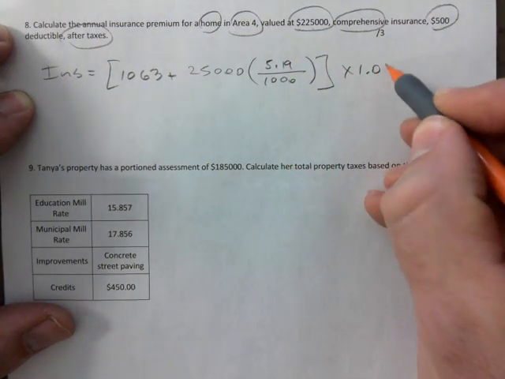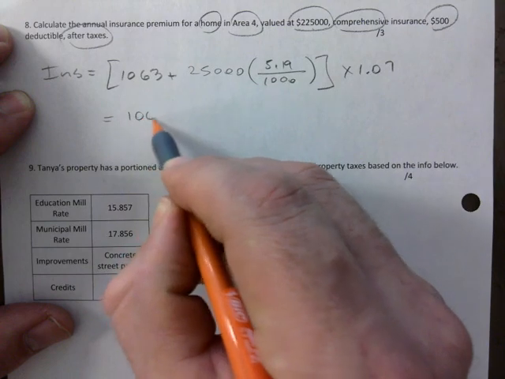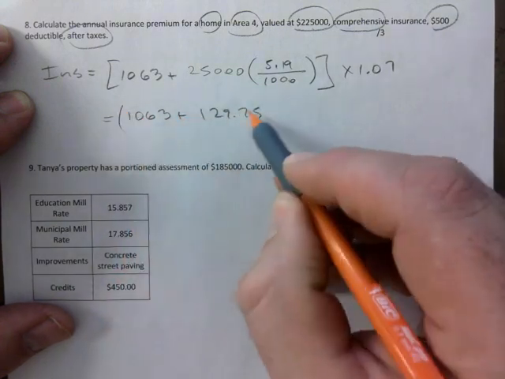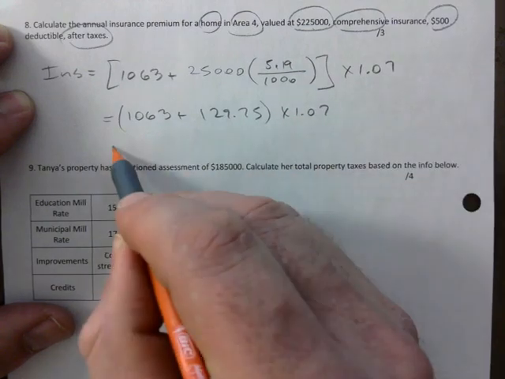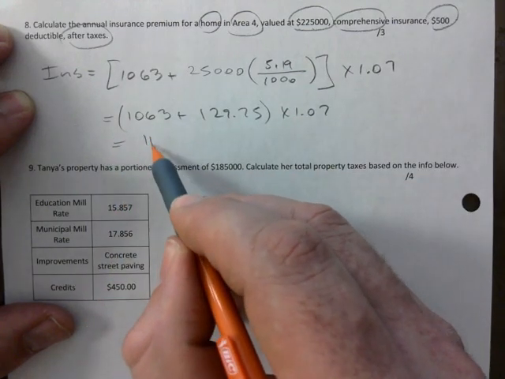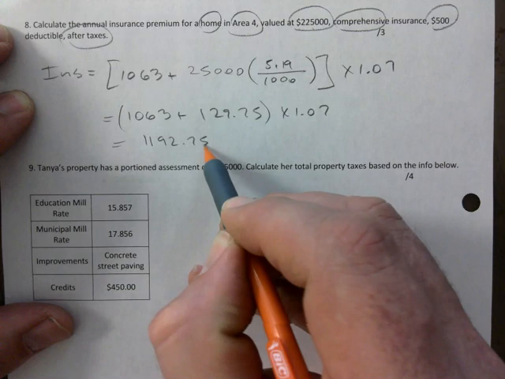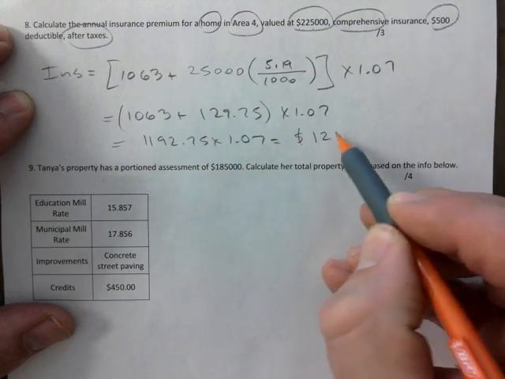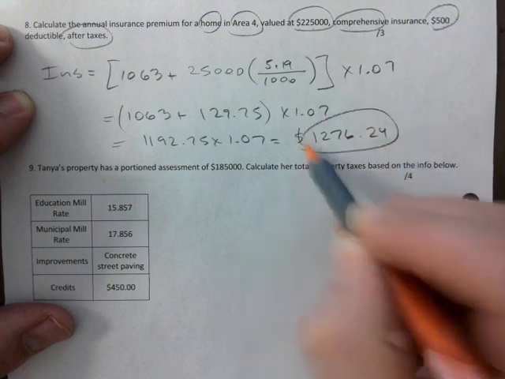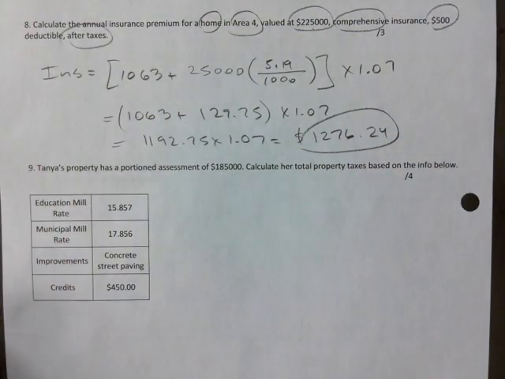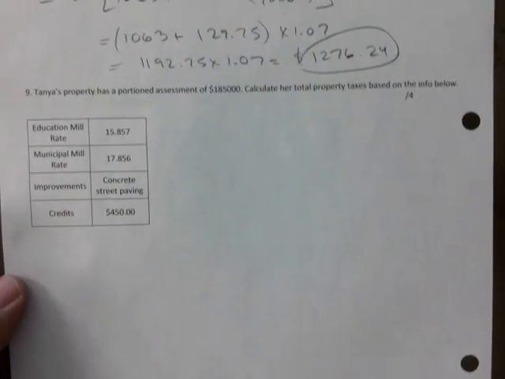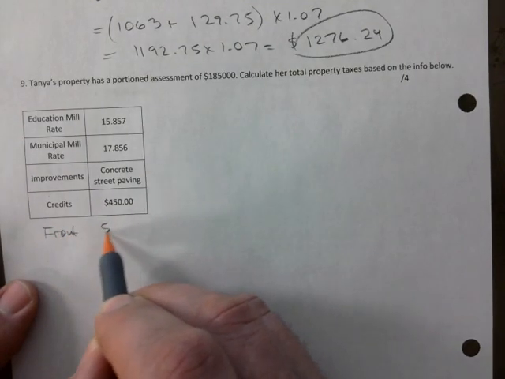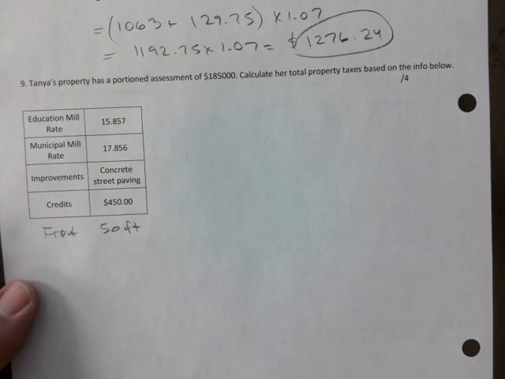You're going to add taxes to it. That's 1,063 plus 129.75 times 1.07. Don't rush, one step at a time is recommended. 1276.24, there it is. And frontage, I added that. That's 50 feet.